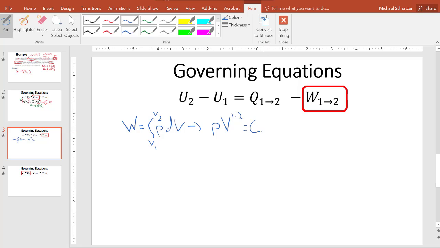But what I really want here is p as a function of v. So that's going to be equal to my constant times v to the negative 1.2. To get this, I divided both the left and right hand sides of my equation by v to the 1.2.